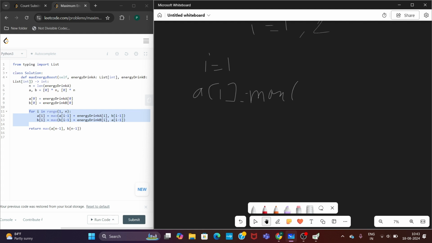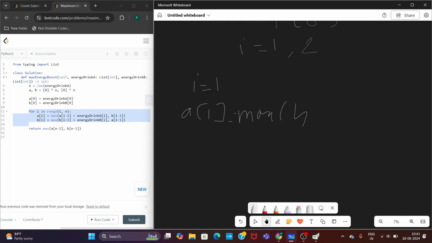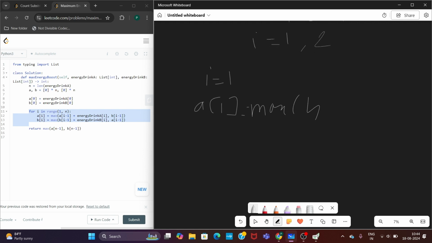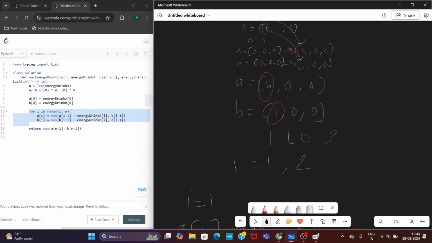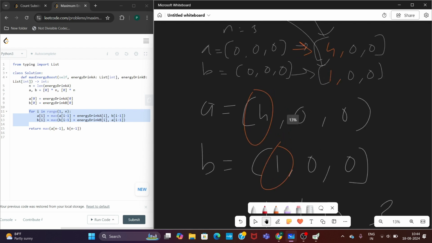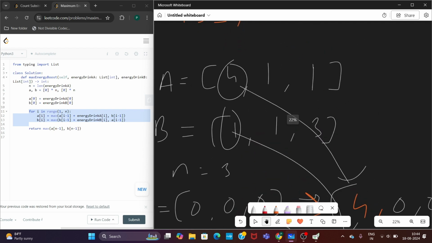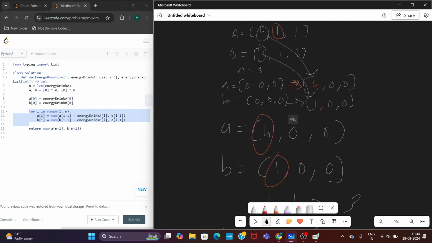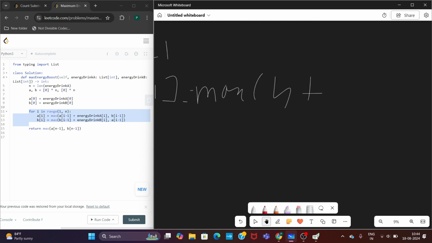So my A of I minus 1 is 4. So 4 plus energy drink of A of I, I is 1, energy drink of 1 is what? Let's see, energy drink of A of 1 is 1 over here. Okay, so basically I will be adding 1 in this.